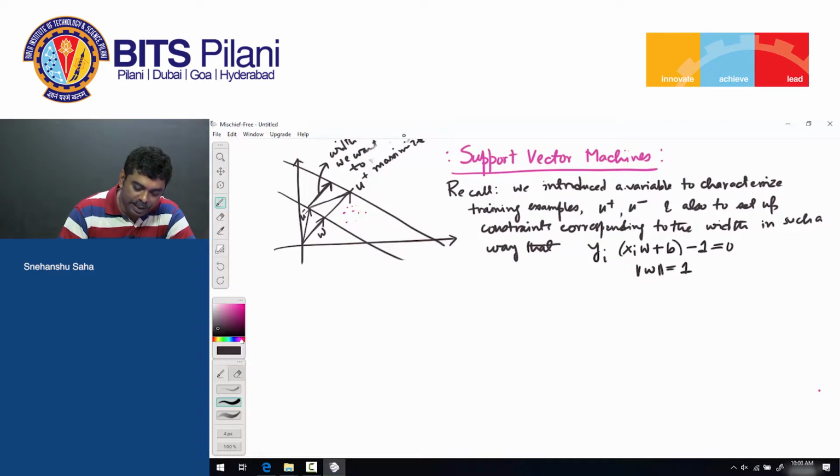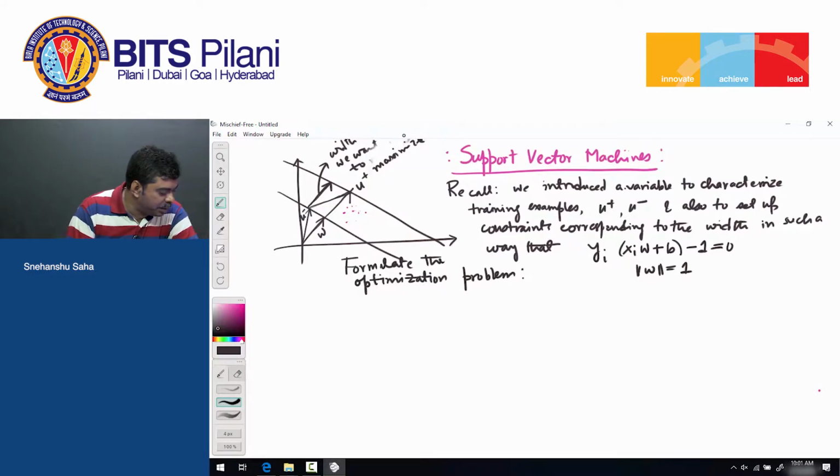Having said that, we went ahead to formulate the optimization problem. And what was the optimization problem? It was to maximize the width, correct?